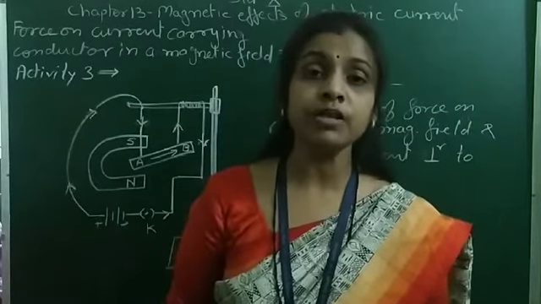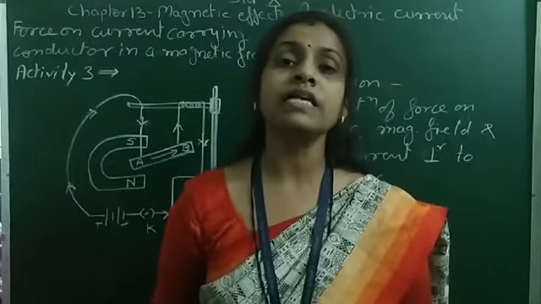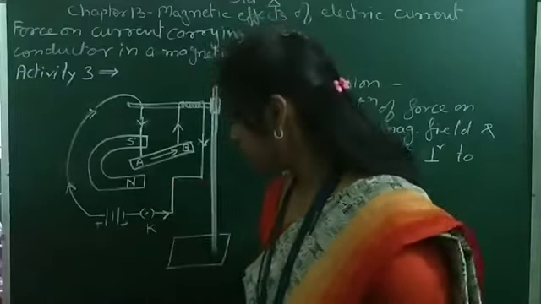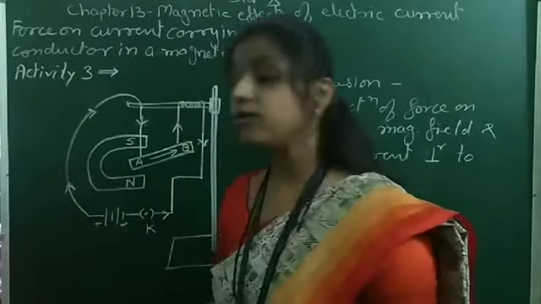Therefore, the direction of magnetic field, direction of force and the direction of electric current is given by a simple rule, and that rule is called Fleming's left hand rule. So what is Fleming's left hand rule?